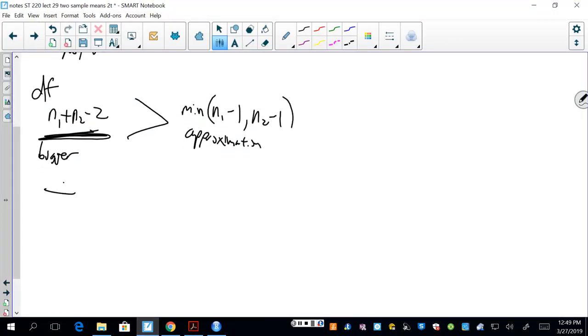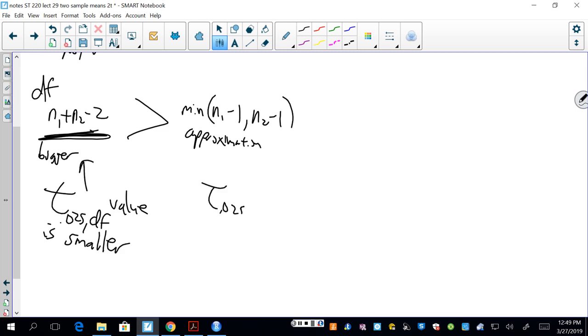So our t, like our 0.025 degrees of freedom value over here is smaller. And over here is bigger. Other things being equal, x bar 1 minus x bar 2 is going to be the same in both cases.